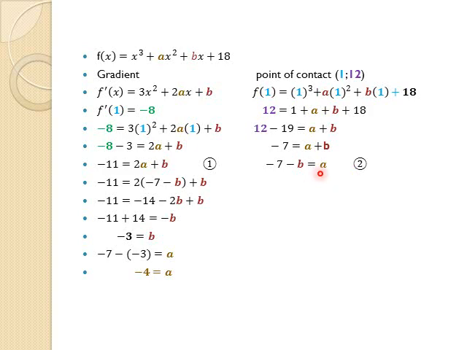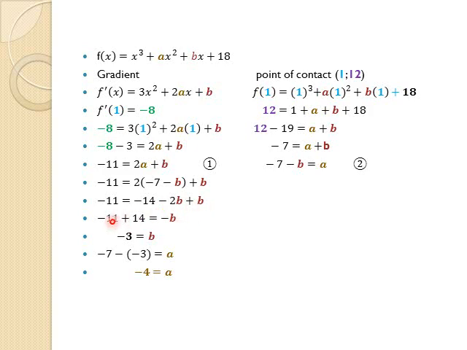Alright, so substitute this in the place of a there. Now we have 2 times (minus 7 minus b) plus b. 2 times negative 7 would give me negative 14. 2 times negative b, negative 2b plus b. If I take minus 14 across, it becomes negative 11 plus 14. And minus 2b plus b gives me negative b.